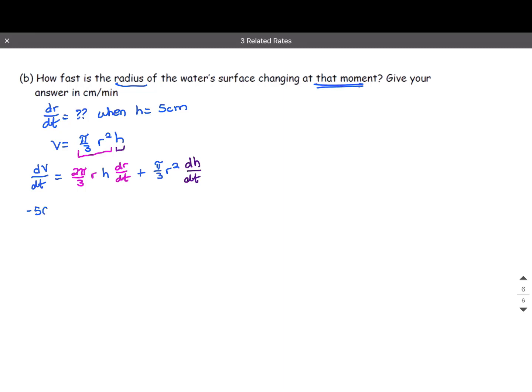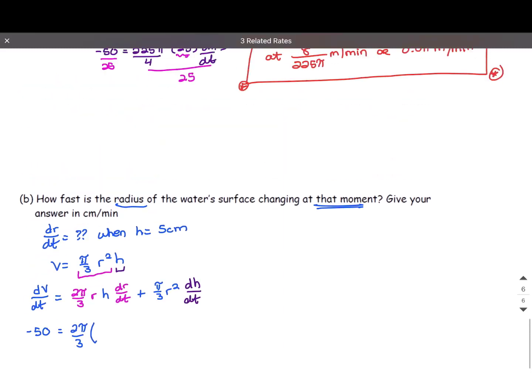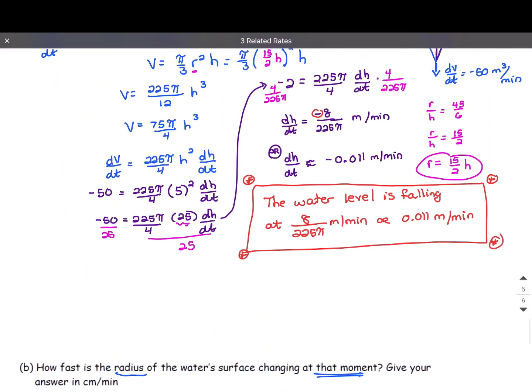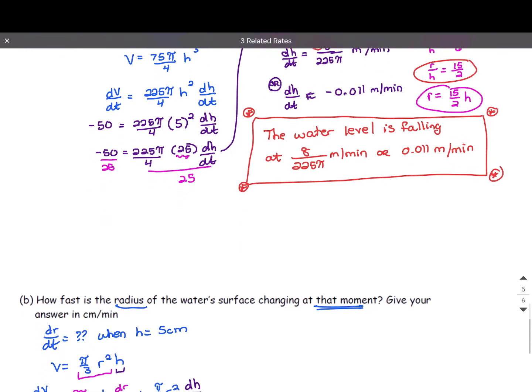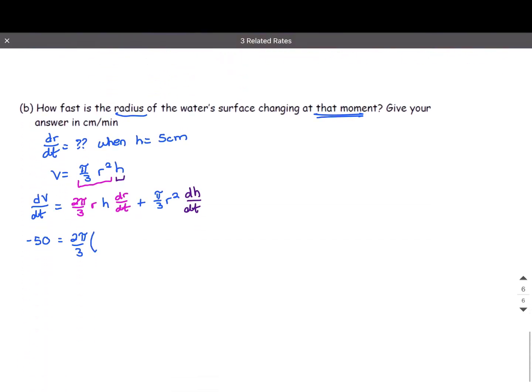So dV/dt is negative 50 equals 2 pi over 3. Uh-oh. I don't know what r is. Let's go back. Remember, we found earlier this ratio, that r over h equals 15 over 2, which means that r was 15 halves times whatever h is.